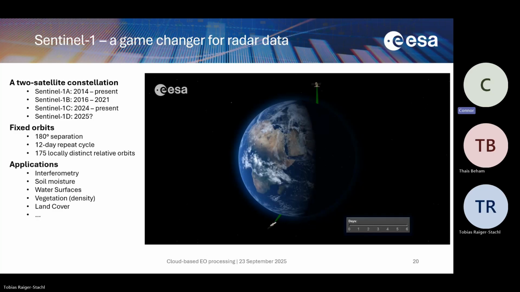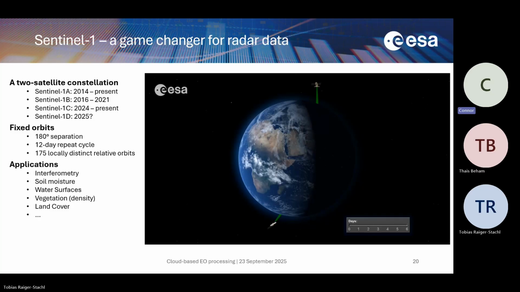Apart from that, if you consider the satellite constellation as a two-satellite constellation like at present, the fixed orbit separation is about 180 degrees, and we have a 12-day repeat cycle, which grants us around 175 locally distinct relative orbits. Basically we get to cover the entire world thanks to this constellation.